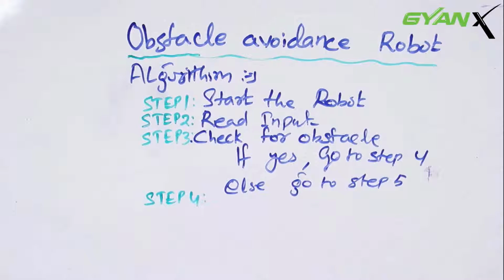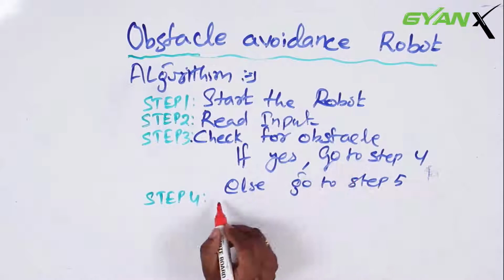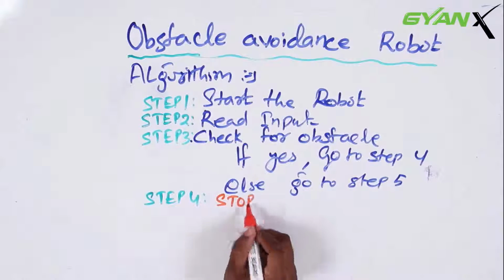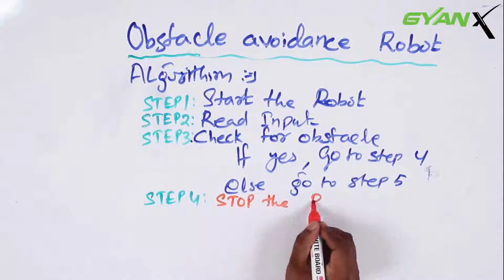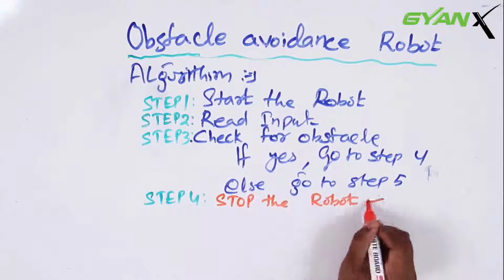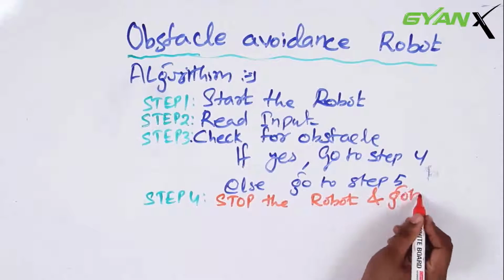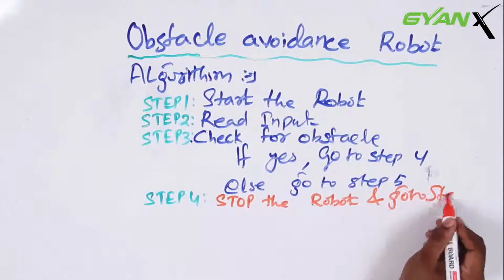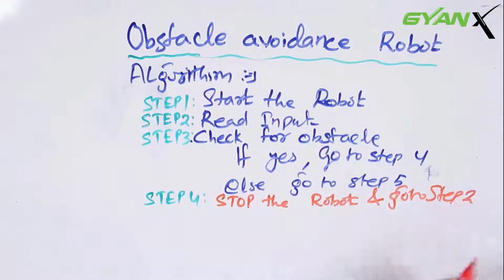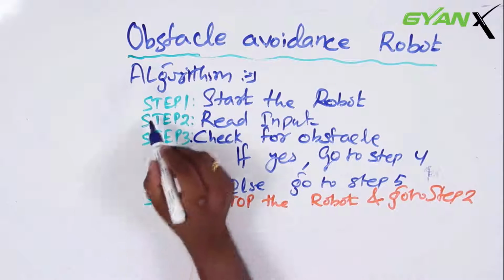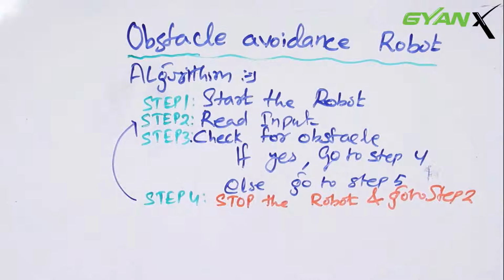So what does it do in step 4? If yes obstacle, then you come to step 4. Pretty simple: you say stop the robot and go to step 2. That's what your robot does: it stops and goes to step 2. Else, go to step 5.